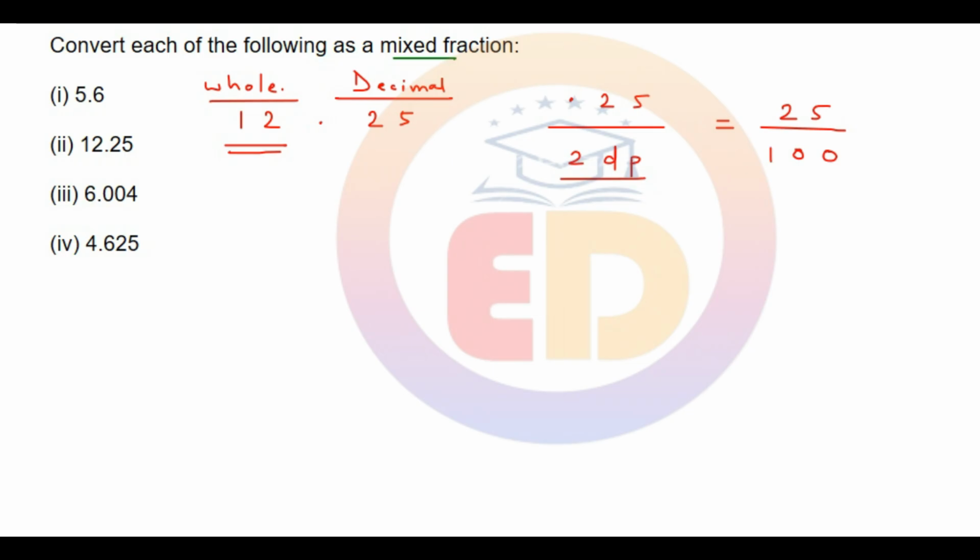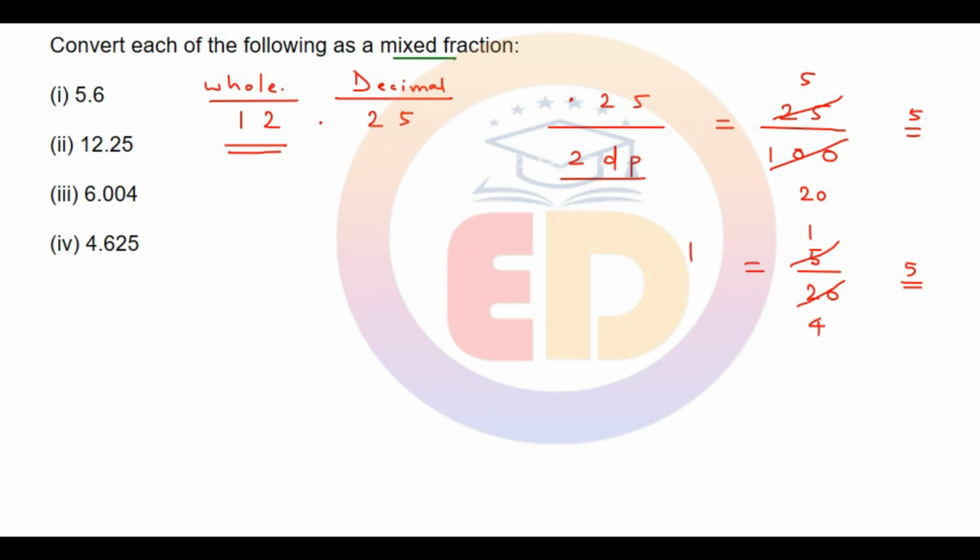Now remember, both 25 and 100 are divisible by 5 as well as 25. For the sake of convenience, let us divide them by 5. 5 5s are 25. 5 20s are 100. So it will become 5 upon 20. 5 upon 20 are again divisible by 5. Let's divide by 5. 5 1s are 5. 5 4s are 20.